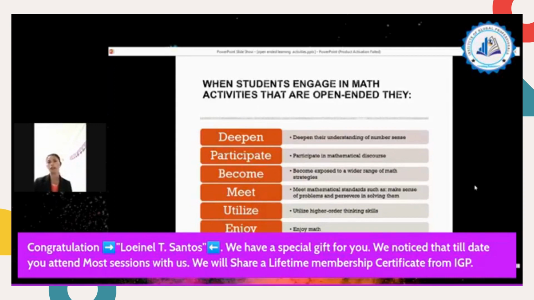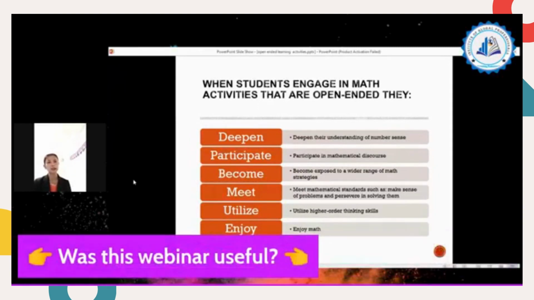They're going to come up with solutions and try their best to come out with a particular answer. Also, they're going to utilize their higher order thinking skills, and when that happens, they're going to enjoy math, because several learners, or most of our learners, hate math, right?